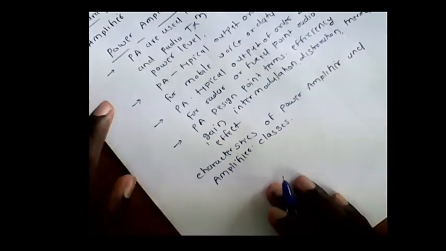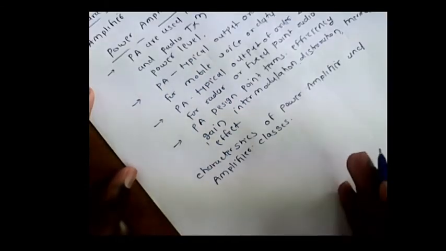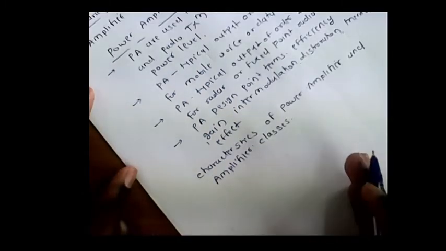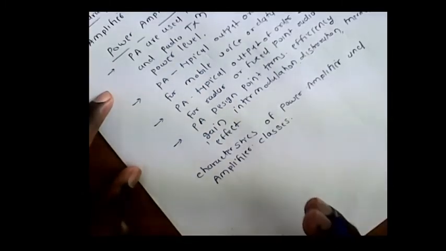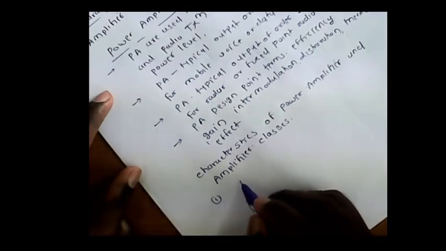First, the amplifier is usually the primary consumer of DC power in most handheld wireless devices. So the first characteristic of the power amplifiers is efficiency.